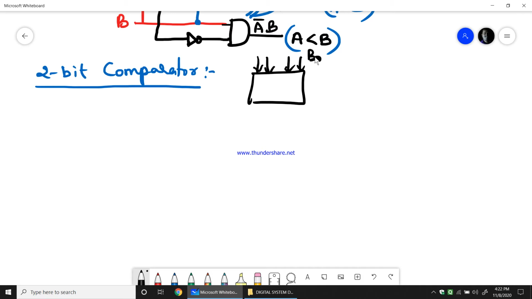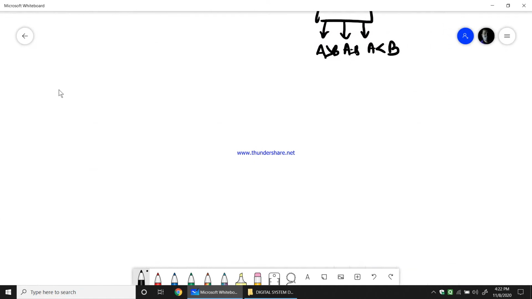So B0 B1 is B, A0 A1 is A, and then again you will have three outputs where A is greater than B, A equals B, A less than B. So let us first write the truth table for this, and then we'll see how to construct the K-map for the expression and then the diagram.